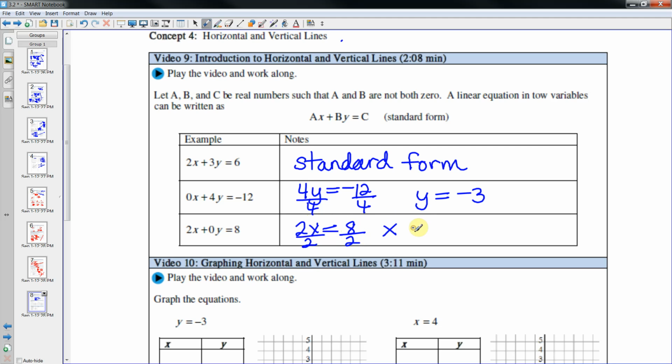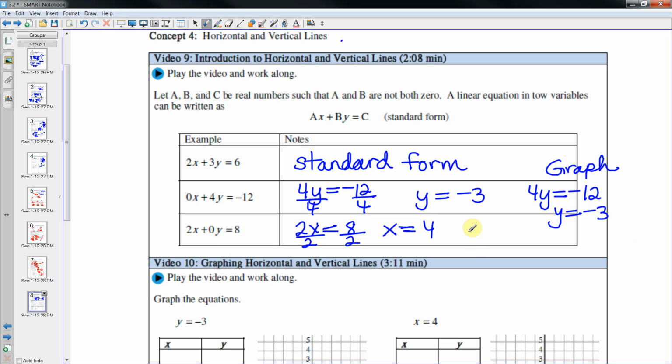So x equals 4. So sometimes you might start out with just the part 4y equals -12, and I would ask you to graph that. If I asked you to graph that, you'd have y equals -3. Well, there's no x there. So when we go to make a table, that could be confusing. We're going to talk about that in just a second.